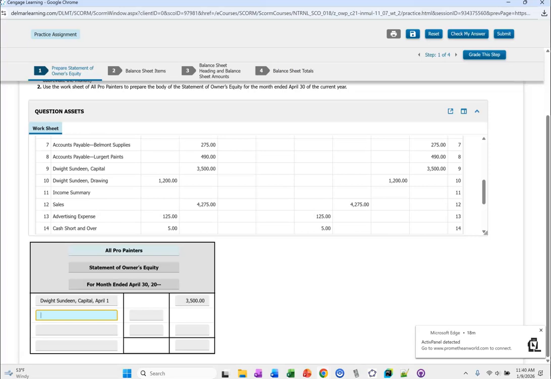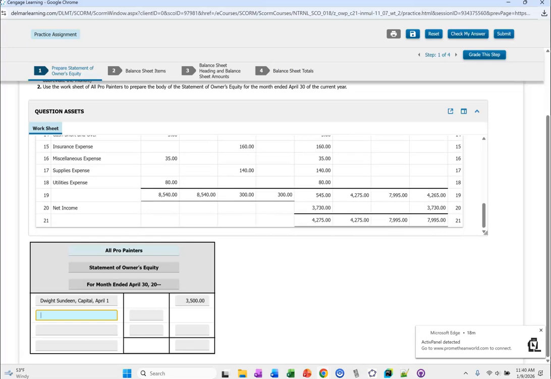And then what's our next item on our report? Do we do the drawing or do we do net income? Which one came first? Do you remember? I thought it was net income. So our net income was down at the bottom. What's that? 3730.